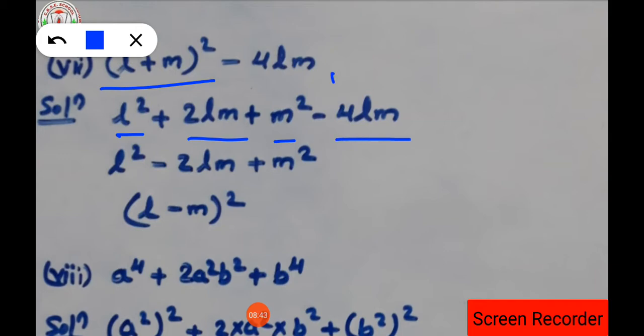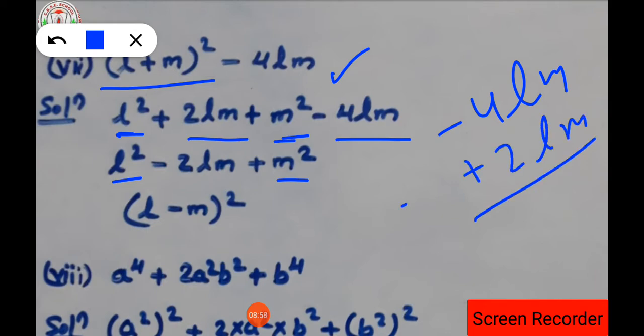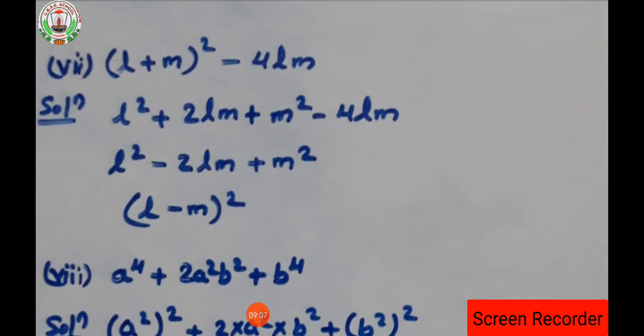Minus 4lm comes from the question itself, isn't it? Now look at l² and m², which come directly from the question. Now minus 4lm plus 2lm we are having. While subtracting, what will we get? We will get minus 2lm. Now it can be converted in the form of identity of which? (l - m) the whole square.